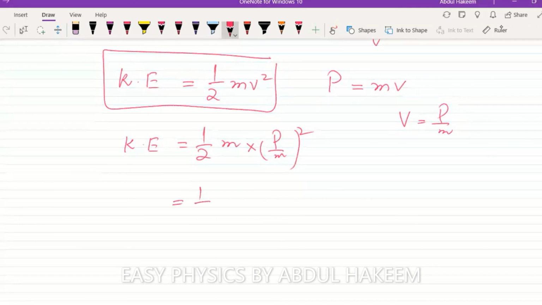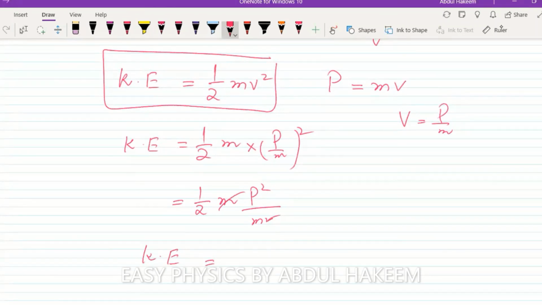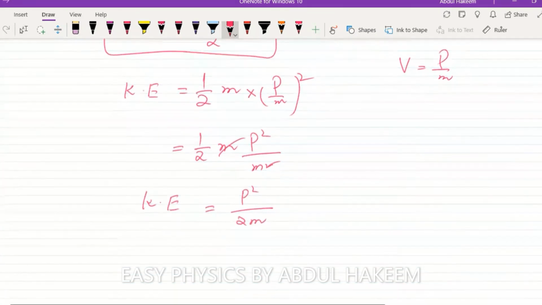So it is 1 by 2m times P squared over m squared. One m cancels. So there is another relation of the momentum to kinetic energy. It is P squared over 2m. Kinetic energy is equal to P squared over 2m.